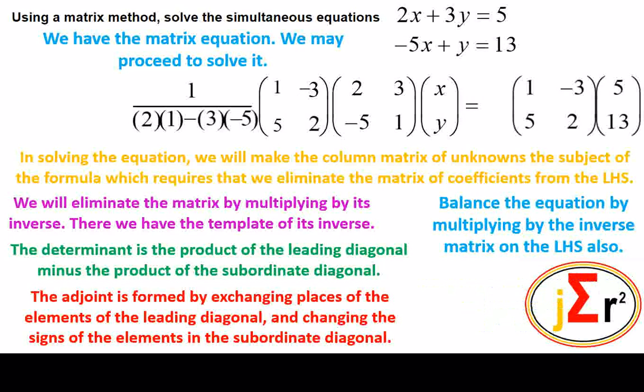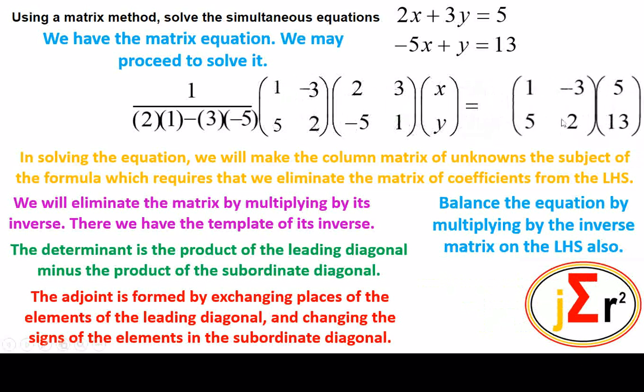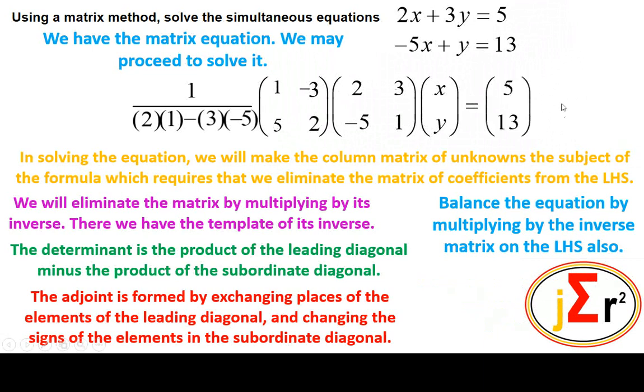What is the significance of giving space in order that this matrix will be placed to the left of this one? Why not just place it right here? Because we are just multiplying. Why not just place this matrix here?